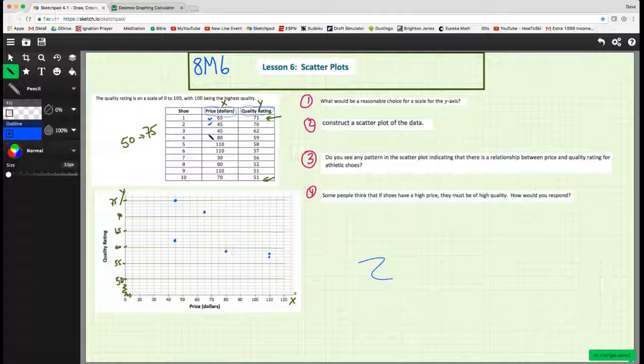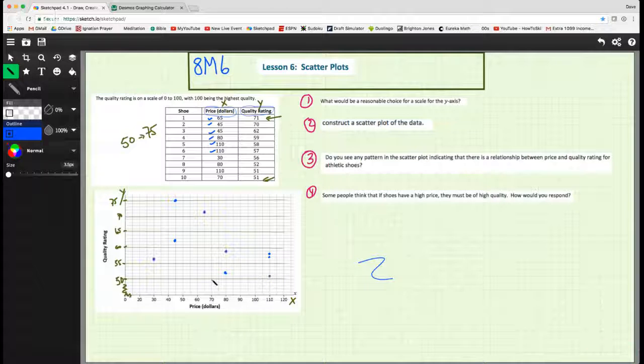So we've done all of these points. A $30 shoe that gives me a 56. An $80 shoe that gives me a 52. A $110 shoe that gives me a 51.